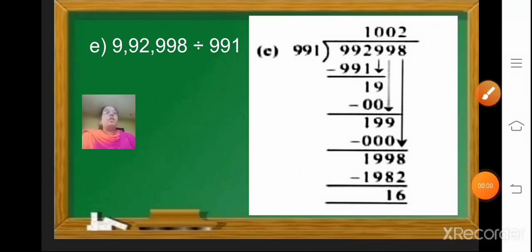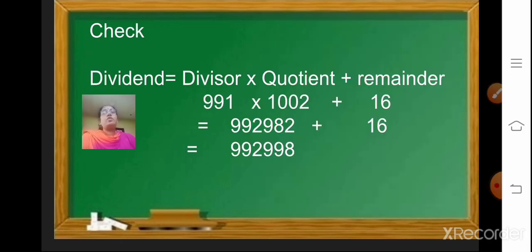Now after we have finished with this division, let us check the division. Now for checking, dividend is equal to divisor into quotient plus remainder, the same formula. Now 991 was your divisor, you got the quotient as 1002 and your remainder was 16. Now when you solve it, the answer what you get should be your dividend. Okay, so this is the formula for checking the division sum.